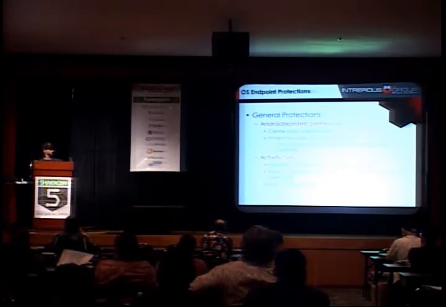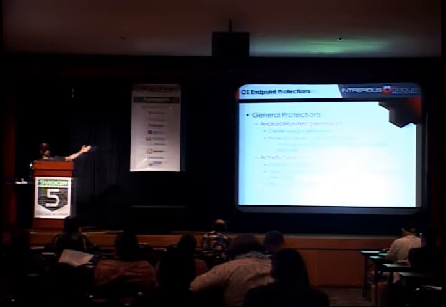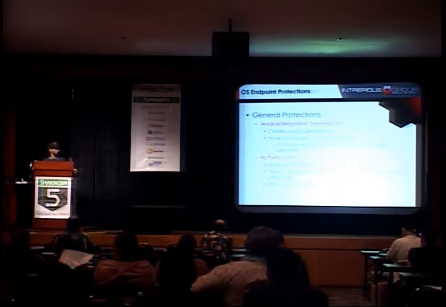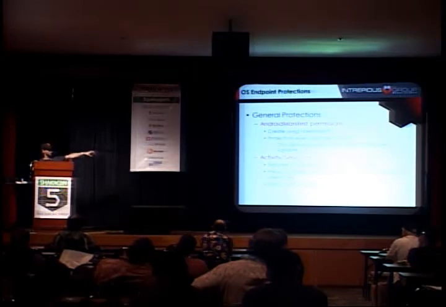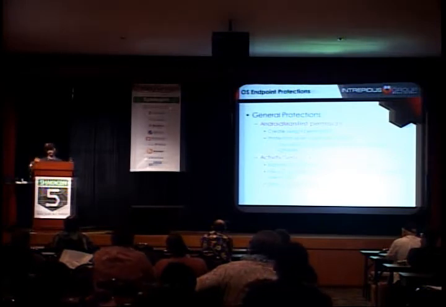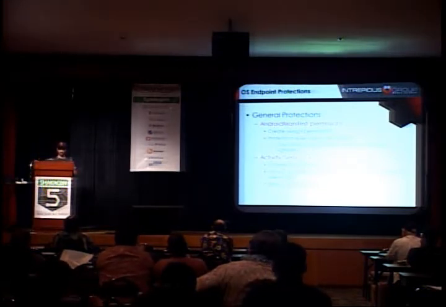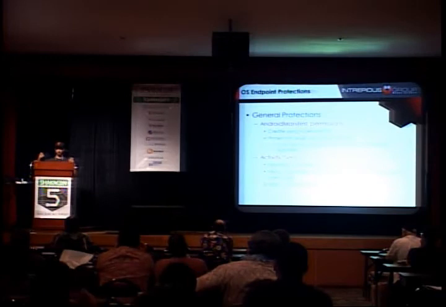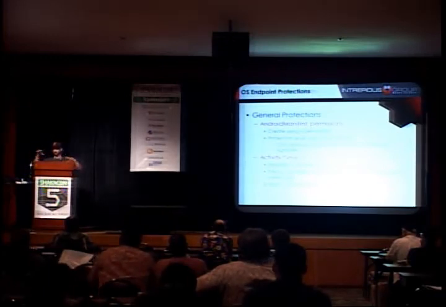Or you can say signature or system, which is always what we would recommend. So that allows only applications in system app or with a shared signature. So if I create two apps and I create a permission that says protection level, signature, or system, my apps can talk to each other, but nobody else can talk to them.